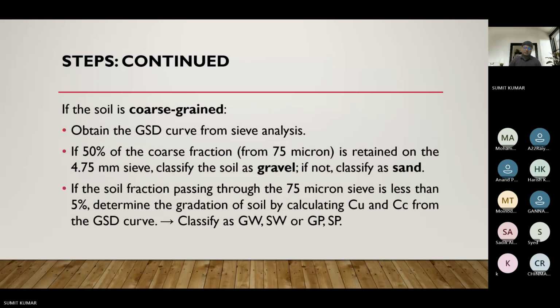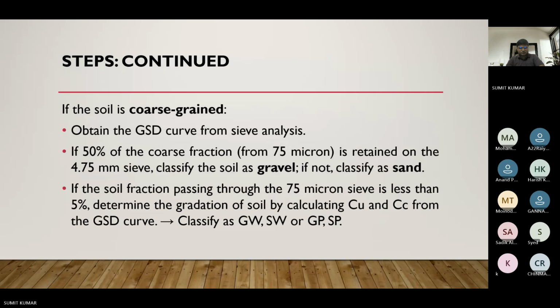If 50% of the coarse fraction from 75 micron is retained on the 4.75 mm sieve, classify as gravel. If not, classify as sand. I will not read it again, I will explain it.